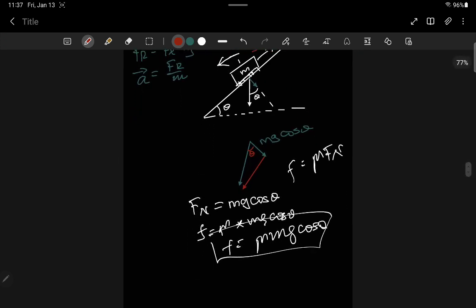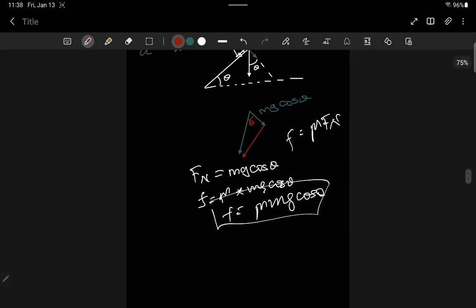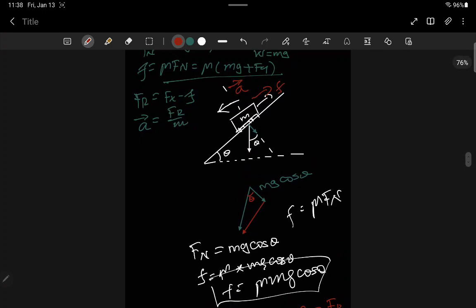So now how do we get the resultant force, the downward force? Our assumption is the mass is sliding down due to this angle theta. So the downward force, the sine component of the weight, minus the friction is going to give you the resultant force.